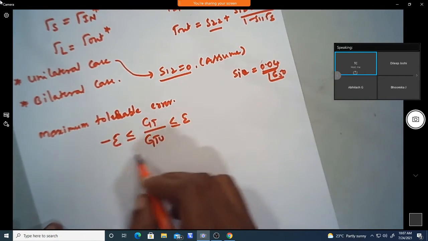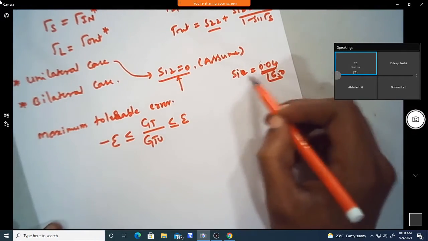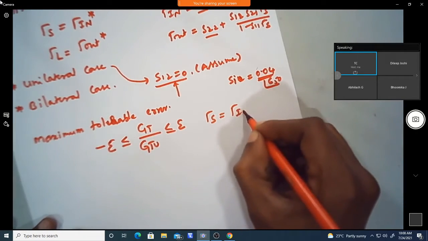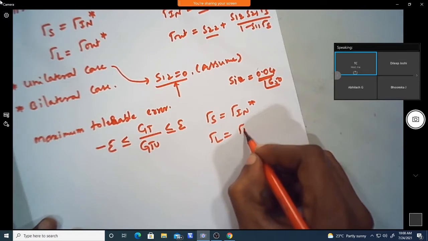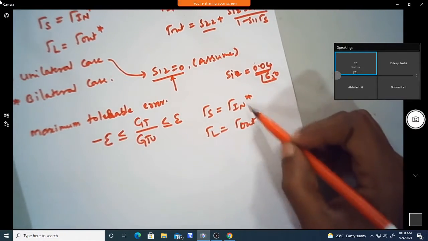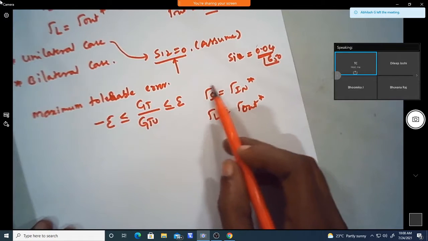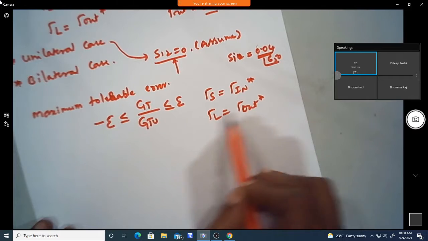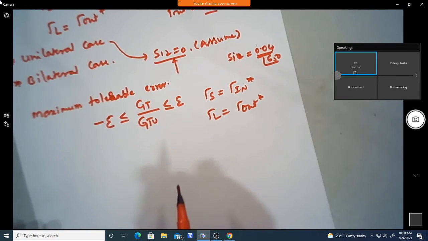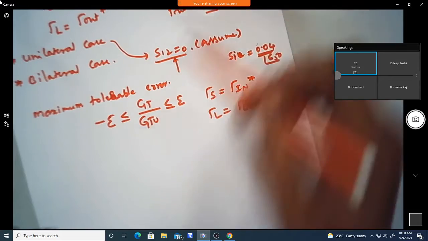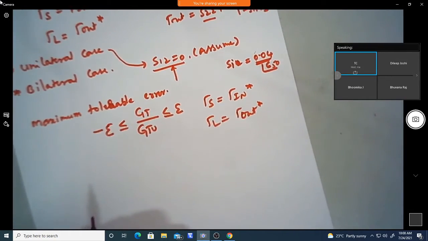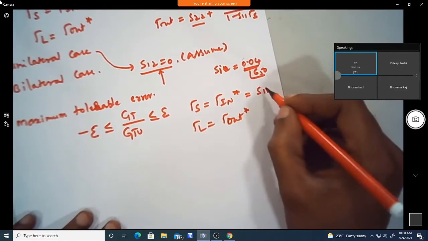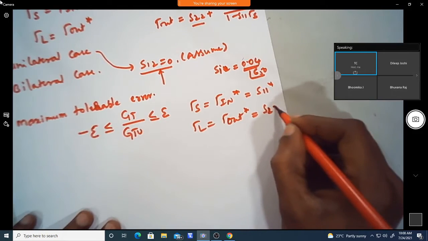Once we assume this, even though it is not 0, then gamma S will be equal to gamma in star, and gamma L will be equal to gamma out star, that is, the complex conjugates of these values. Or we can write gamma in as the complex conjugate of gamma S, and gamma out as the complex conjugate of gamma L. In terms of S11 and S22, for the unilateral case it is nothing but S11 star and S22 star.